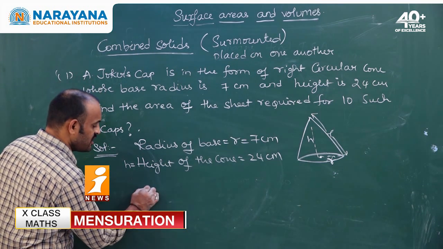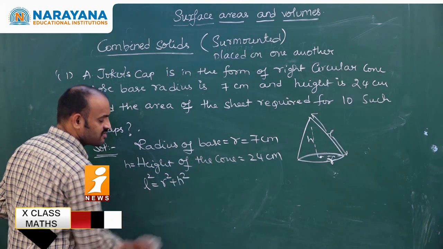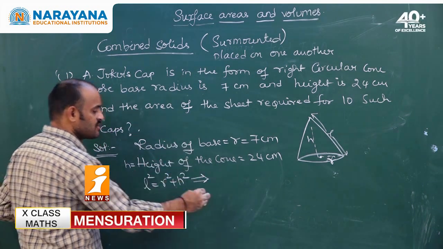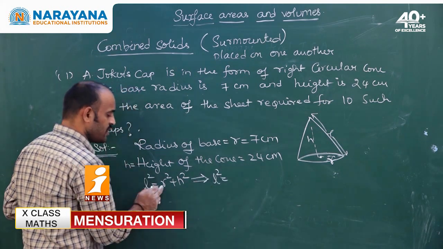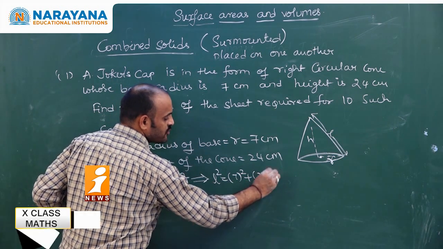There is a relation between l, r and h. l square is equal to r square plus h square. Using this relation, I will substitute the values. l square is equal to 7 square plus 24 square.